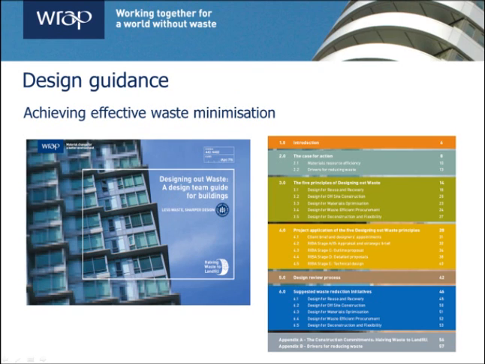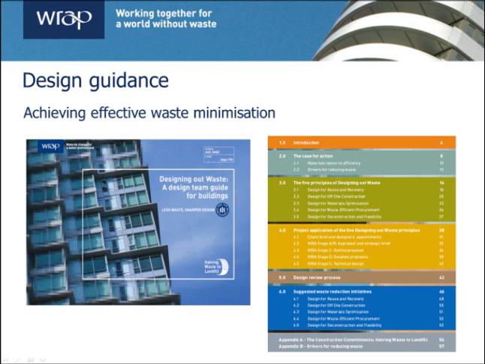A key guidance document for the design stage of a building project is the RAP document Designing Out Waste, a design team guide for buildings. The guide, which is supported by REBA, is aimed at construction clients, contractors, and design teams, and explains the process of designing out waste and introduces the principles and tools available.